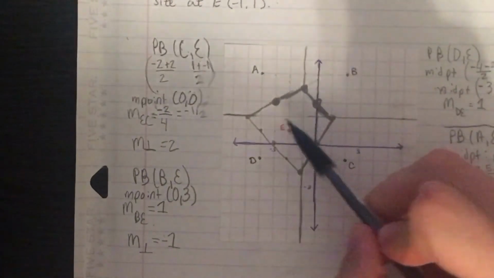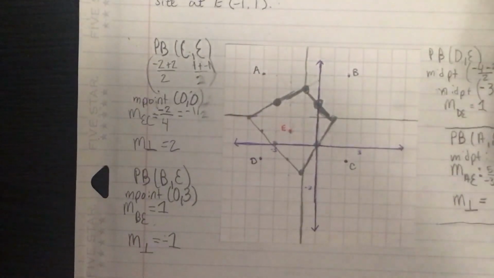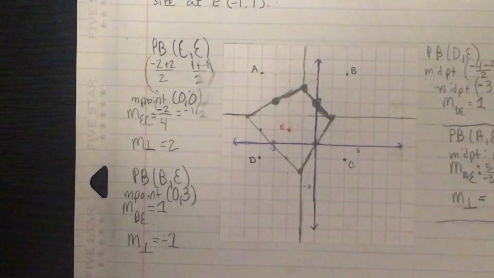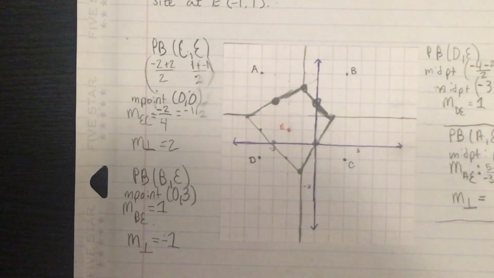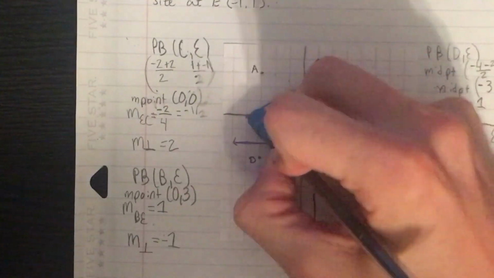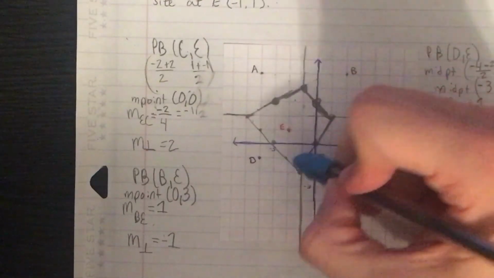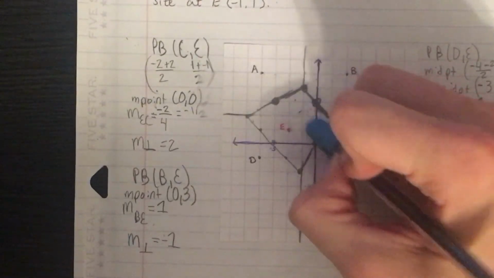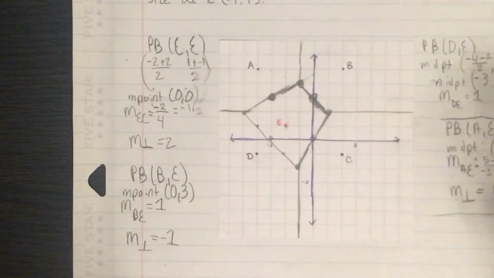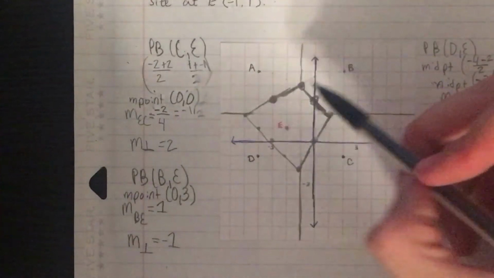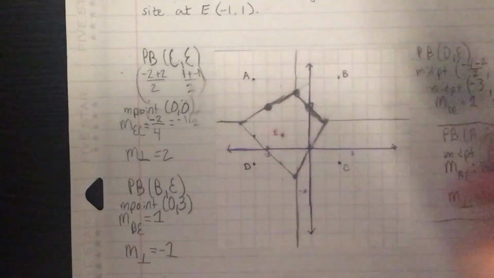It looks like a trapezoid a good bit. So what we've got to make sure now is, first off, erase any stray of the former edges in here, because this trapezoid represents E, and any point in here is closest to E.